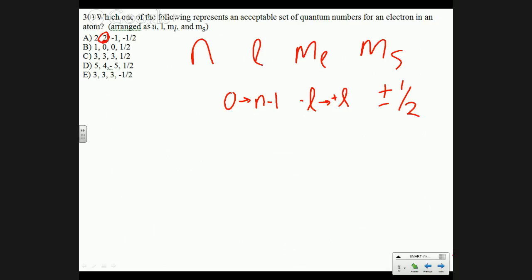Well, this one's not possible because that's saying you're in the 2D sublevel, which doesn't exist, so it can't be A. All right, B is looking good. Let's skip it and come back for a second. This is what's wrong with the others.